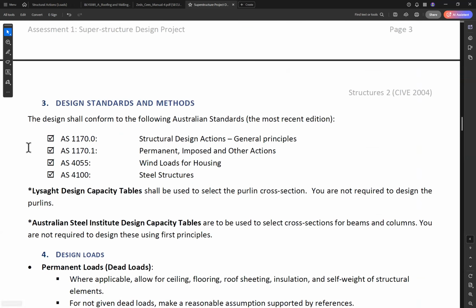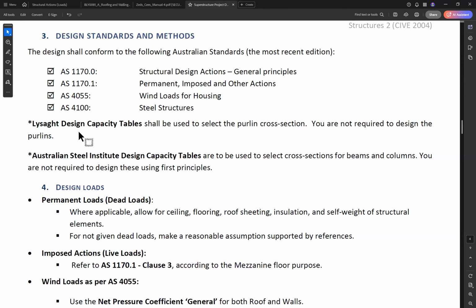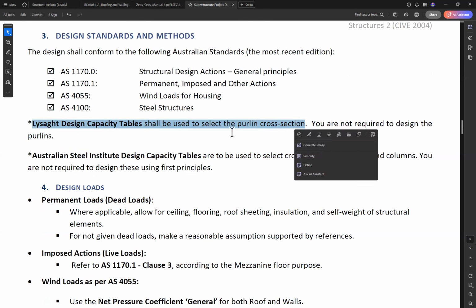Here are some of the standards and some of the tables we will be using during our calculation. 1170.0, 1170.1, 4050 for wind, 4100 for steel, like design of beam and design of column. We will also use the design capacity tables for roof sheeting and purlin to find the mass of the purlin and mass of the sheeting.